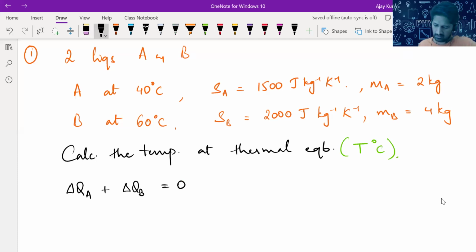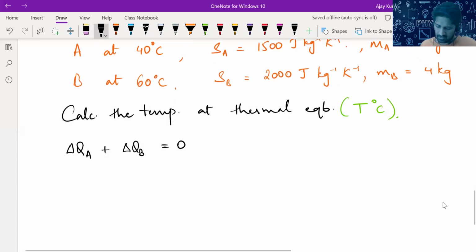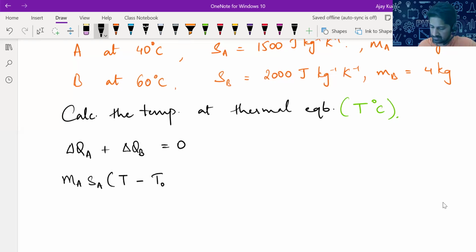Now delta Q for A will be written as mass of A, specific heat of A multiplied with change in temperature. Change in temperature is always final temperature minus initial temperature. Then that for B will be written as mass of B, specific heat of B multiplied with change in temperature, final temperature minus initial temperature of B. And this sum should be equal to 0.